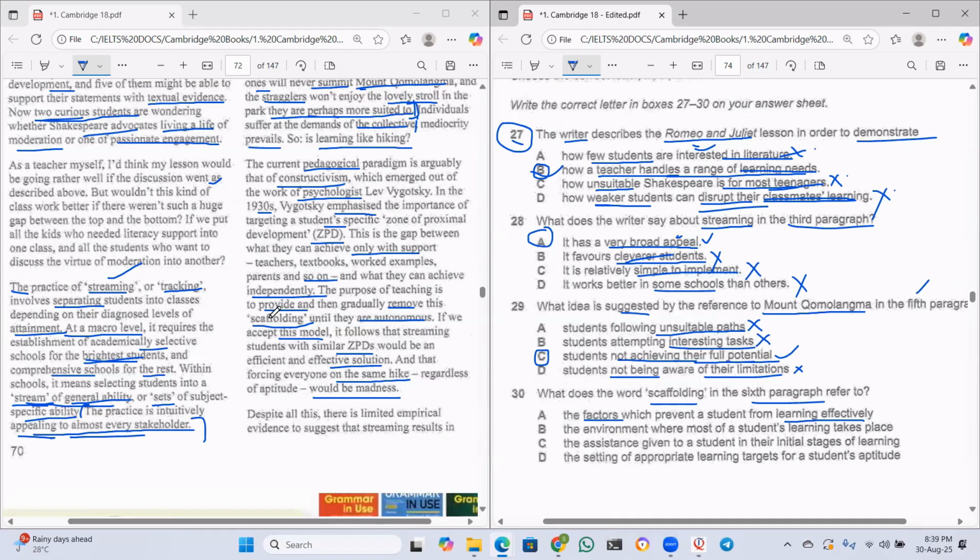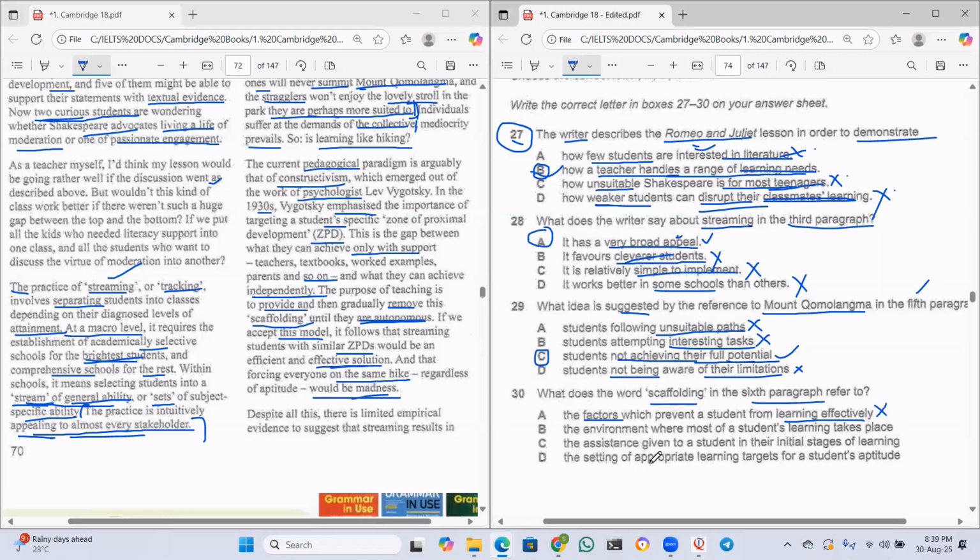The purpose of teaching is to provide and then remove this scaffolding until they are autonomous. So for some time they will give the support to the students, and once the student is ready, then they will remove this scaffolding. So if we accept this model, then it will be an effective solution. If not, then it will be madness. That's it. So he is not talking about any factors here.